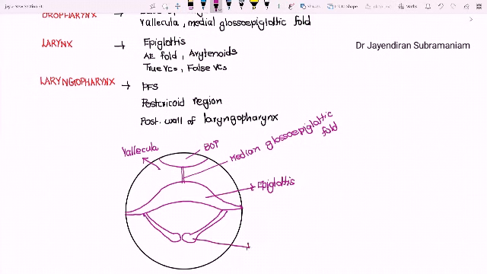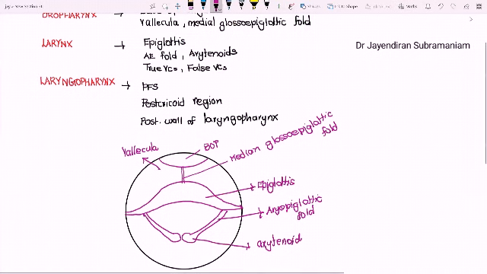So this is your arytenoid. The fold which connects the epiglottis with arytenoid is known as aryepiglottic fold. Then what are the other laryngeal structures we will see?